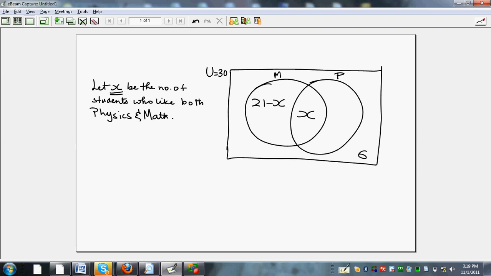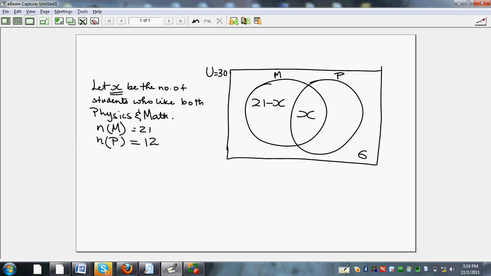And those that like physics were 12. All right, so if we wrote down the number of people that like math, we would have gotten 21 here, and the number of people that like physics, we were told that was 12. Okay?